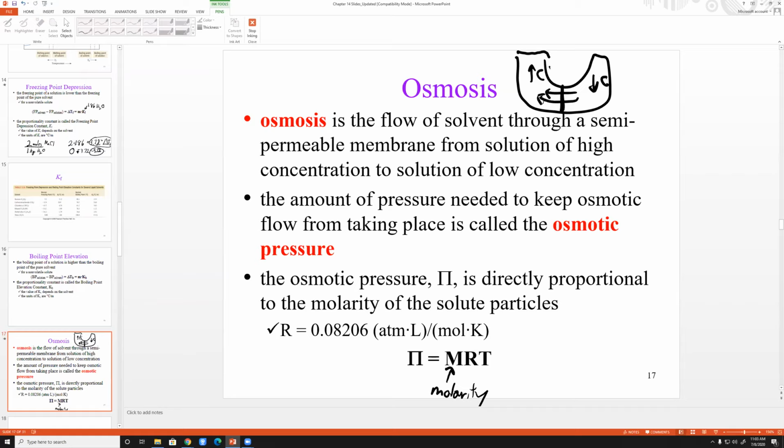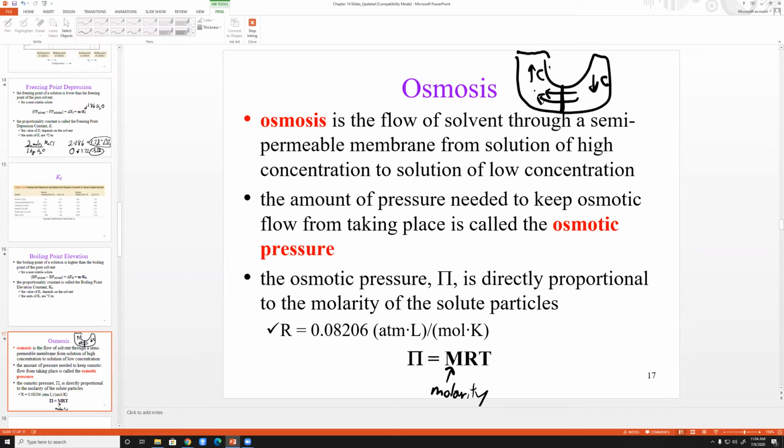There's so much concentration there. We want our concentrations to be equal. Well, in this case, the solute is not going to move.